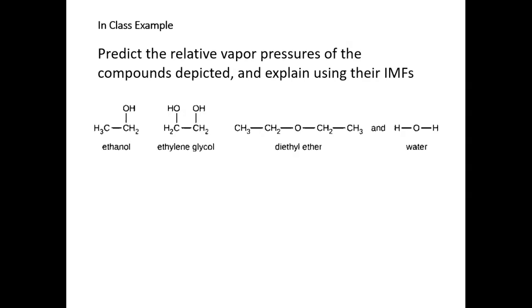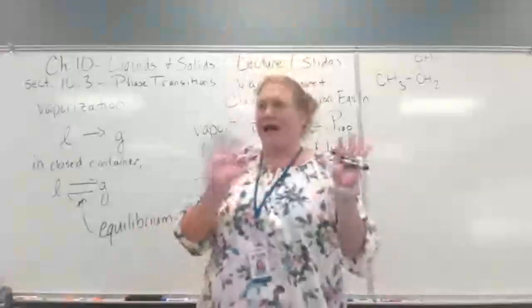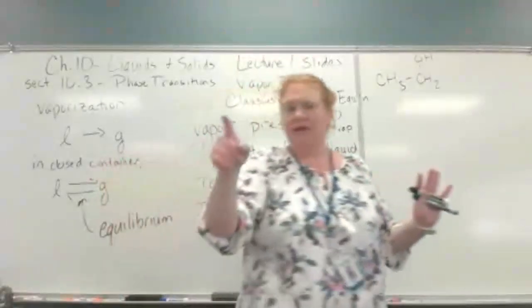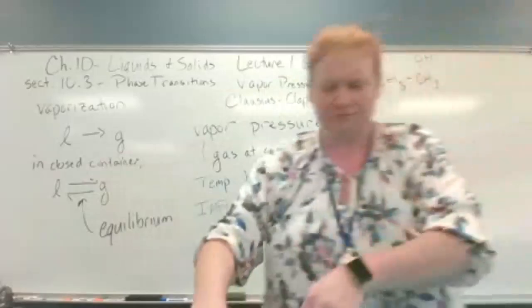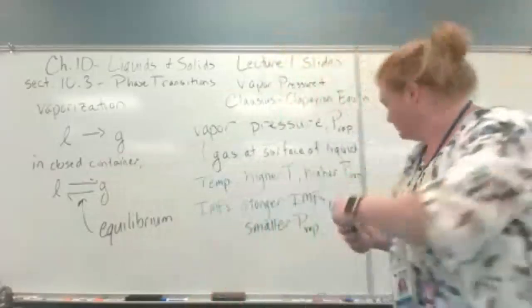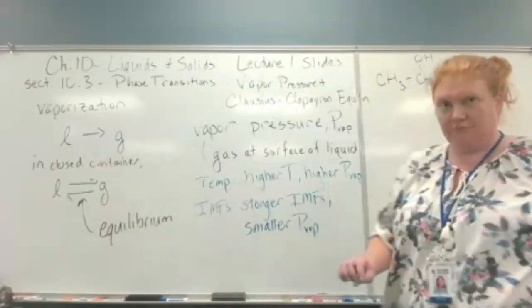What I do expect, and this is what we were discussing at the end of class yesterday, is for you guys at this point to learn to look at a formula and know a couple of hacks, little shortcuts. To have hydrogen bonding, you're going to have a dipole, right?